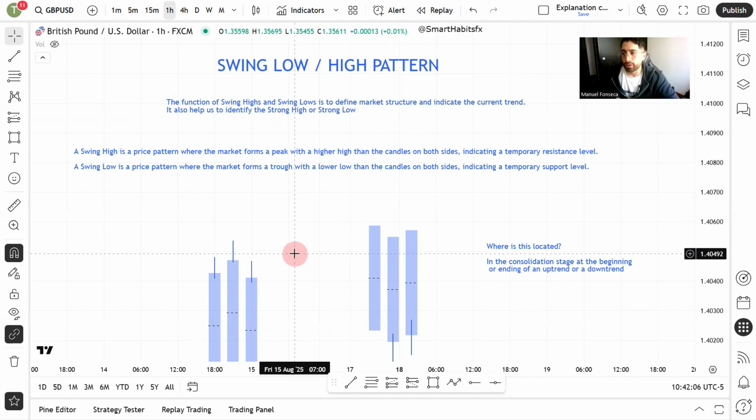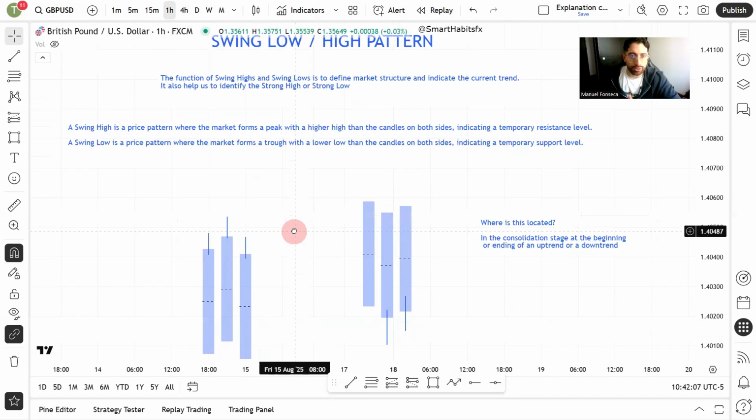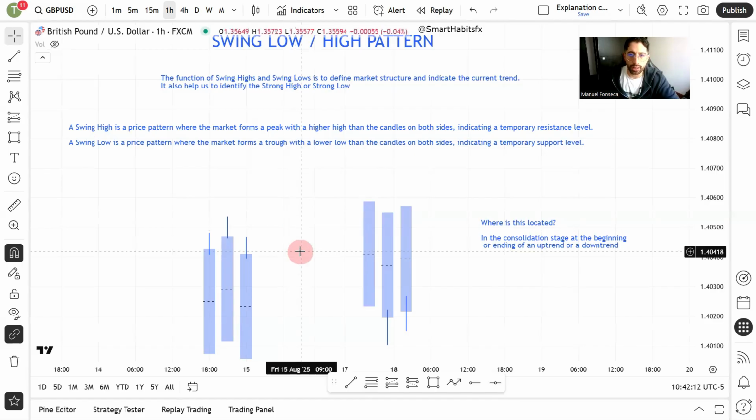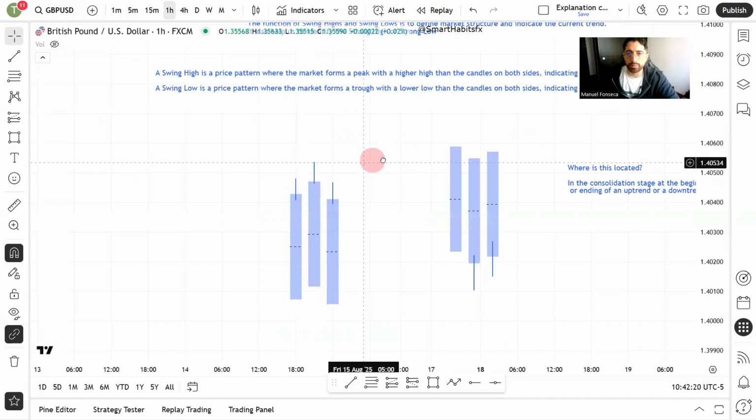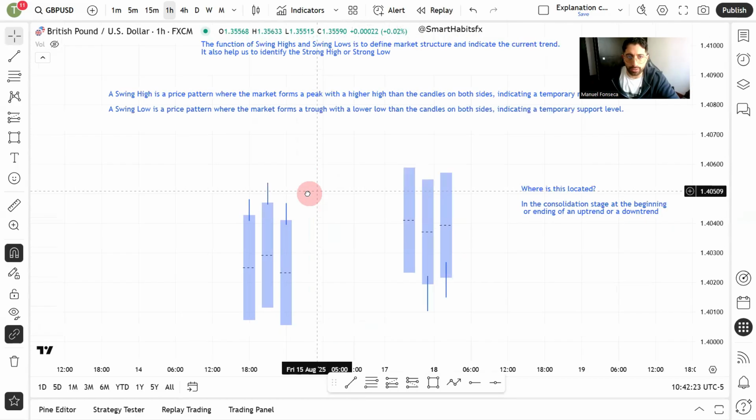For example, in an uptrend, we have higher highs and higher lows, and the highest part of it is called the swing high, and the lowest part of it is called swing low. But to be clearer, let's see the definition right here.